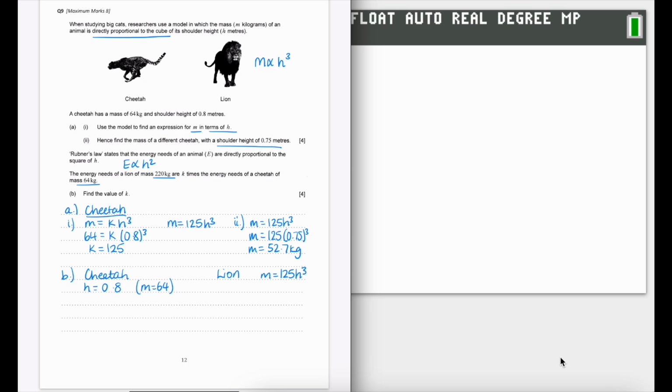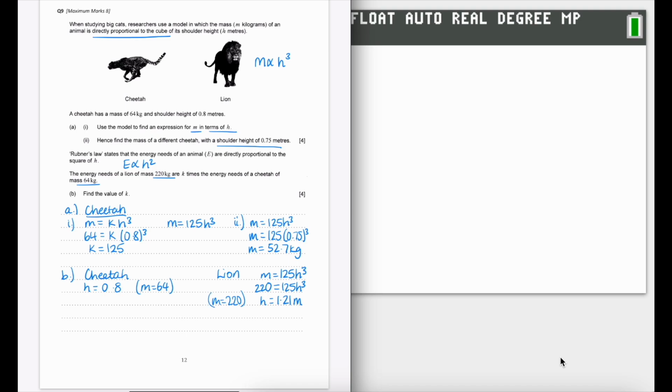And I'm trying to find the h value for a lion. I can put that into my numeric solver and find that h is equal to 1.21 meters to 3 significant figures. Sorry, that's for a mass of 220.